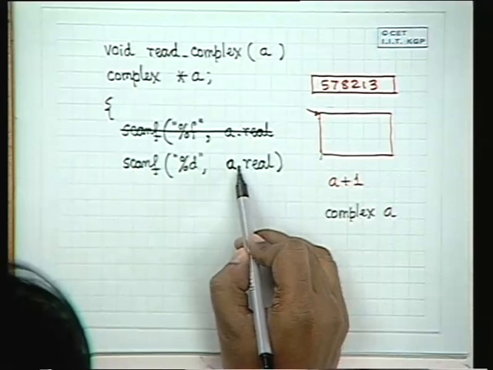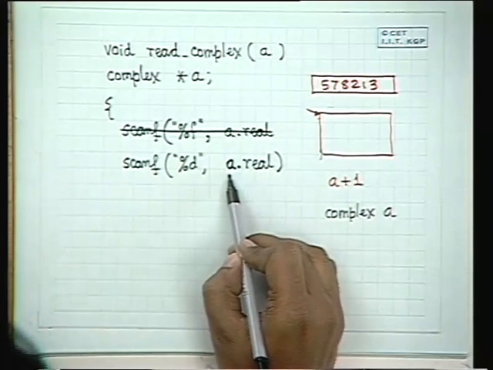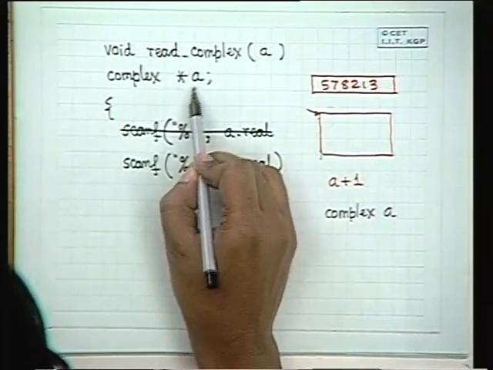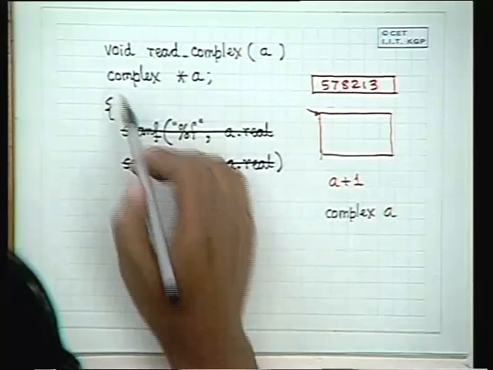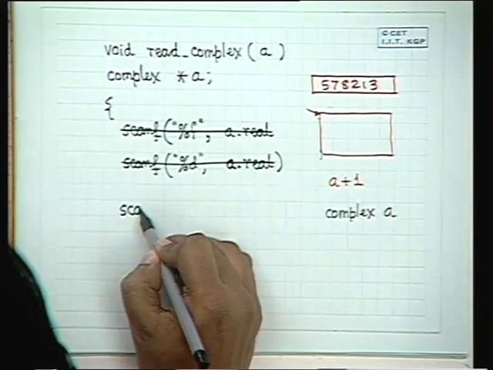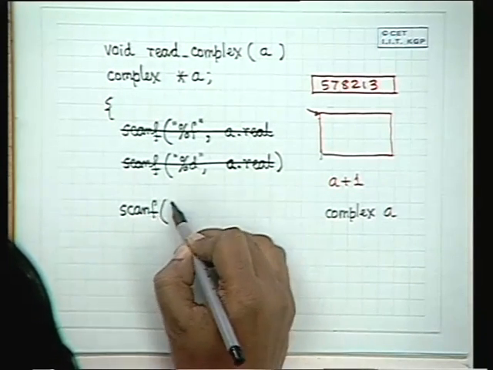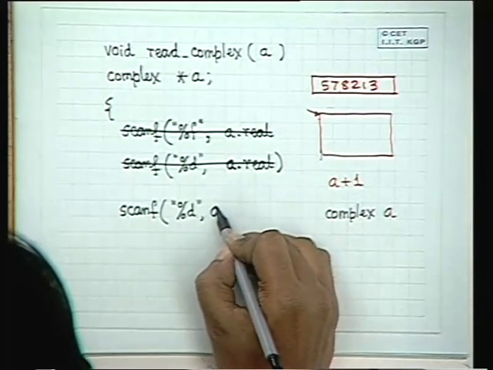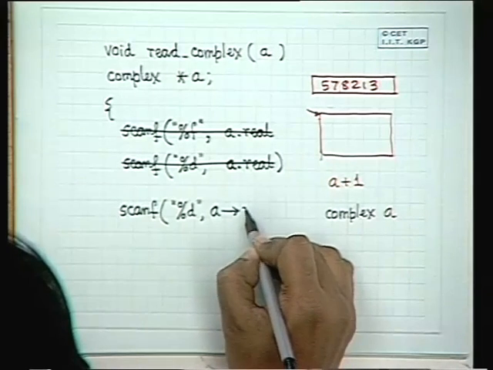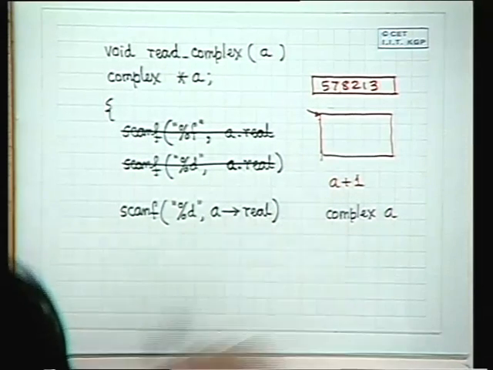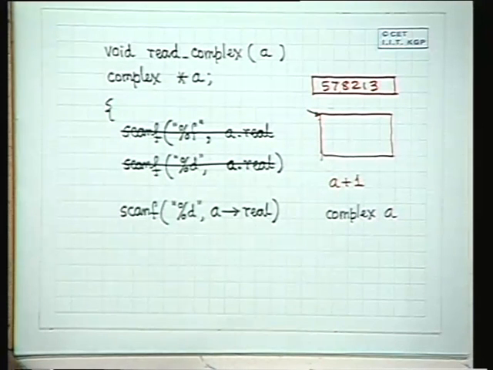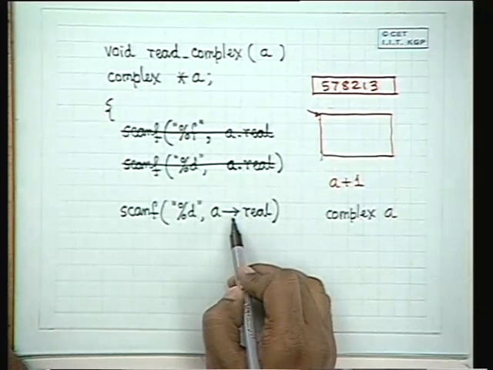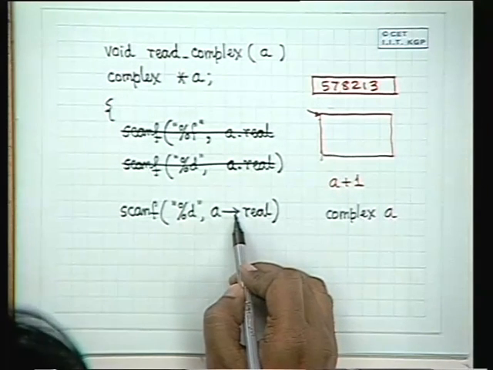So when you write A dot real, you have already got the address. In order to do it for such declarations, you have to write this, which will take the content, and from that content whatever value it gets, now it has got the address.